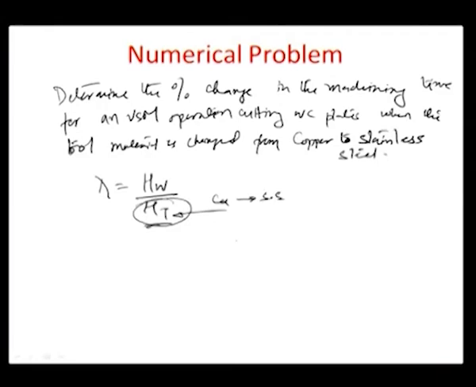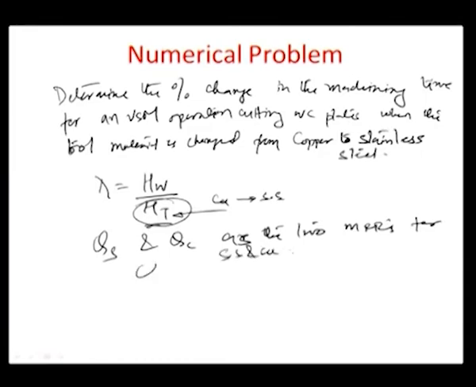Suppose we had QS and QC as the two MRRs for stainless steel and copper respectively. We can easily write that QC by QS is equal to a ratio in which nothing else varies; it is only the lambda which is varying, the workpiece remaining the same tungsten carbide.